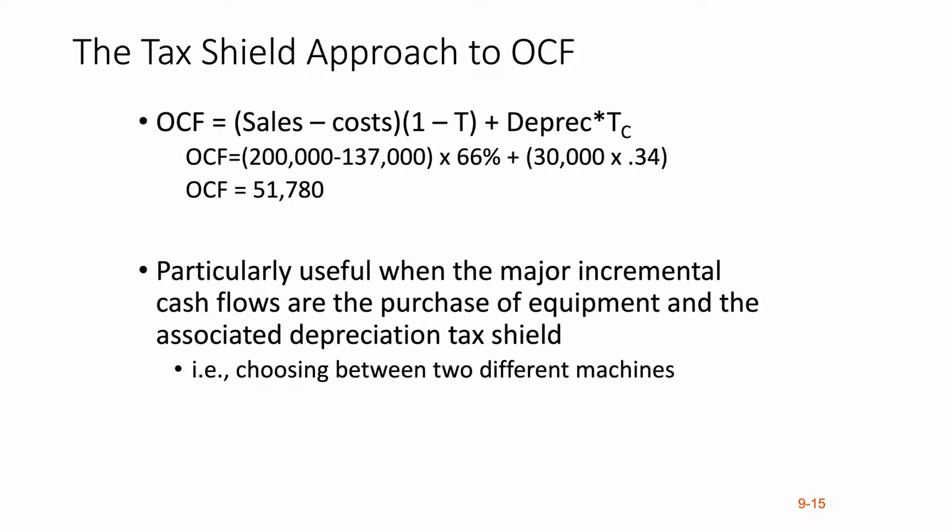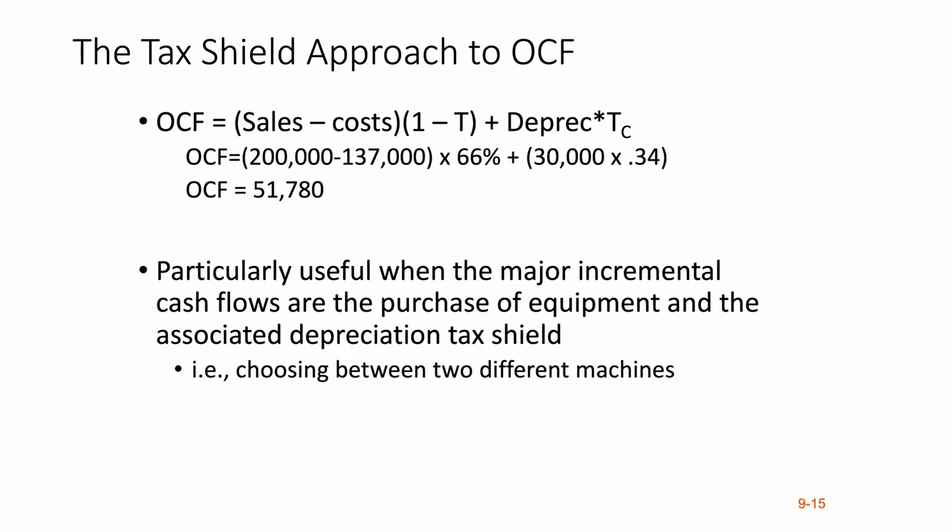In our project, the sales is $200,000 minus the cost $137,000 as a gross profit, times 66%. What do you keep? 34% goes to the government, but the government pays you back through the savings you receive from depreciation.